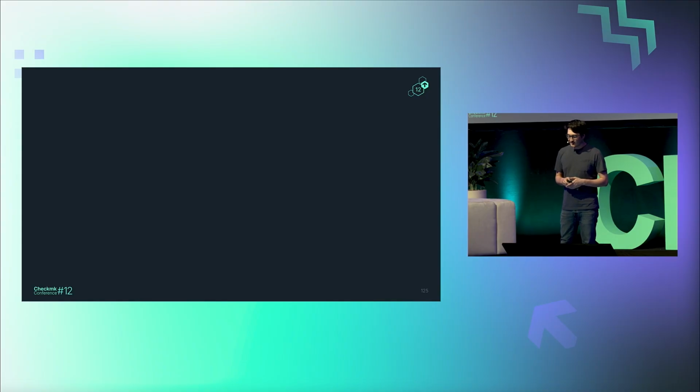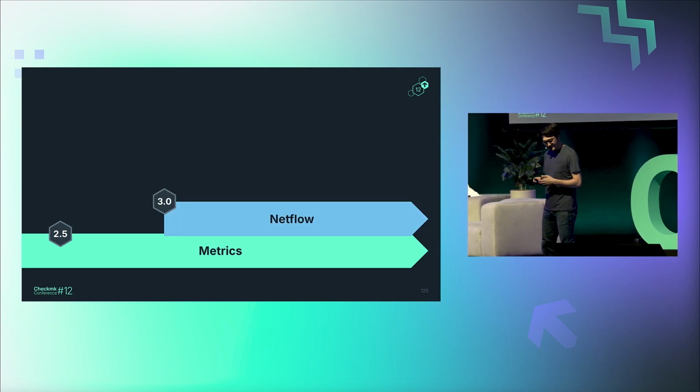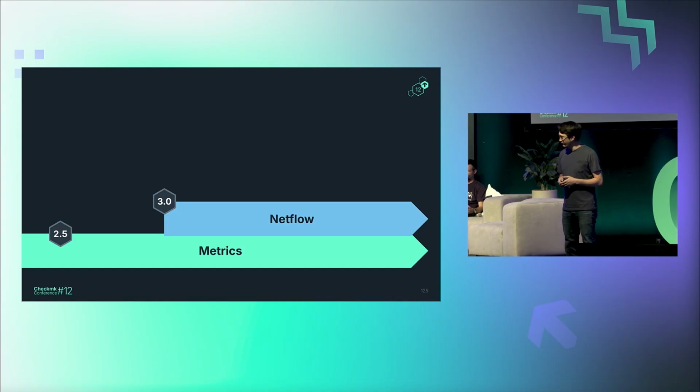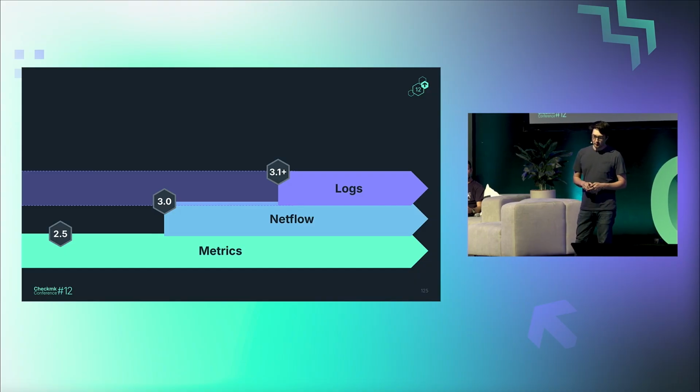And for Checkmk to be that system of intelligence, Checkmk needs signals. So we extended our foundation on metrics in 2.5. And in 3.0, we add NetFlow signals, so we get much more depth on the network layer. And lastly, we will finally enhance our existing log capabilities for a fully fledged log management solution.